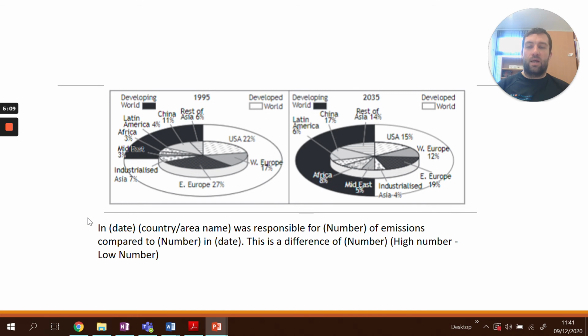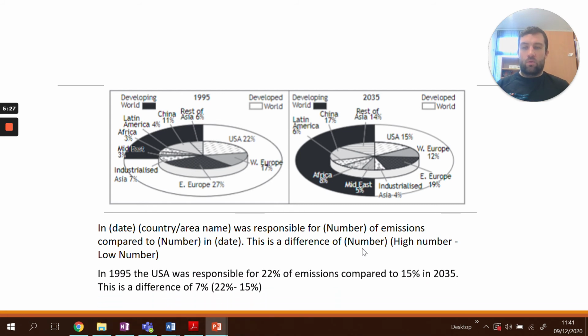So that first sentence is, in 1995, the USA was responsible for 22% of emissions compared to 15% in 2035. This is a difference of the high number, 22, take away the low number, 15. What's your answer? 7%. Alright, so that's how it would look.